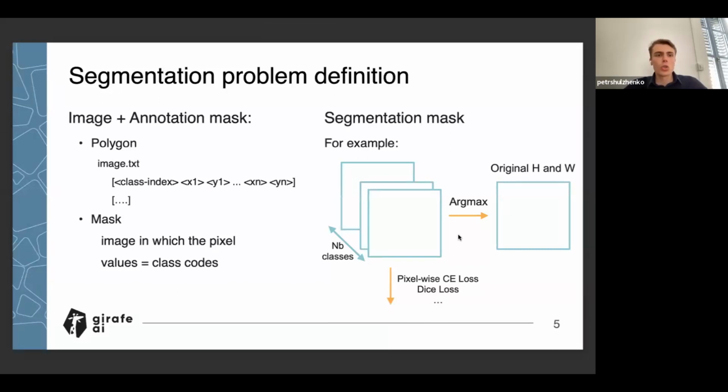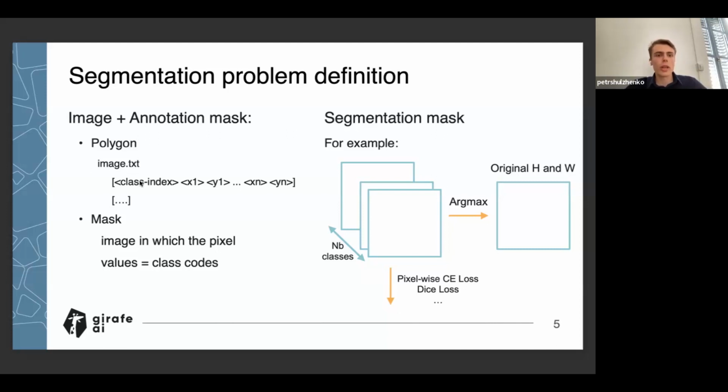Again, I think it should be really clear from this practical perspective. You have in the input an image with an annotation mask. Hopefully, I hope that you will have annotations. Annotations can be mainly of two types. First, mainly used in instance segmentation, is the polygon type. Basically, you would have just images and TXT files with annotations for the corresponding images.